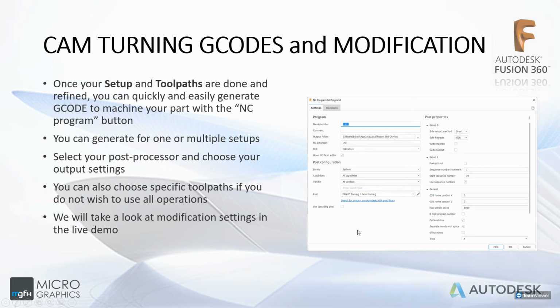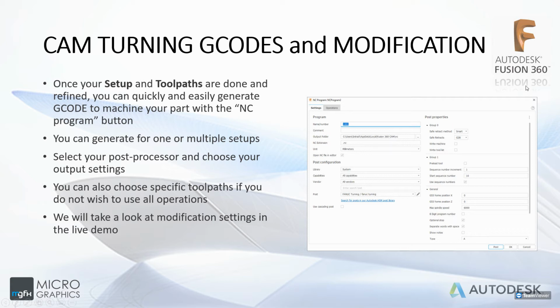So in this case, I'm using a Fanuc post processor, and you can arrange or filter these things the way you want to choose which one you want. You can give it an extension, but again, this will be governed by the type of processor that you choose. So some use .txt, some use .tap, some use .nc. It really depends on the machine. Right? You can also define the output folder, so where you want to save this, so you know where to find it when it's done.